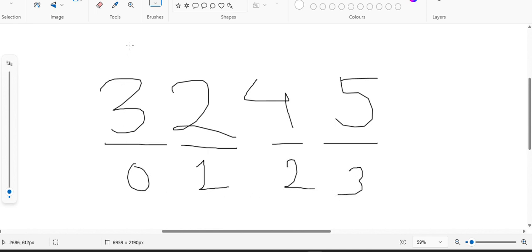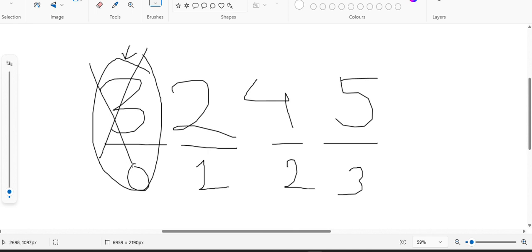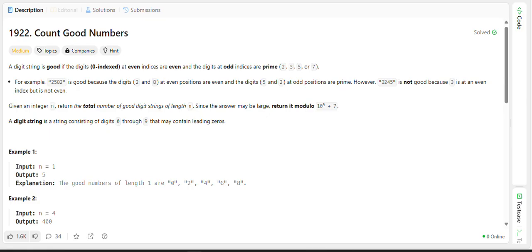So this is an even index, and oh no, they have placed a 3, and at the even index you should have an even digit, so it can never be a good string. This is because 3 is at the even index, right? But it is not even.